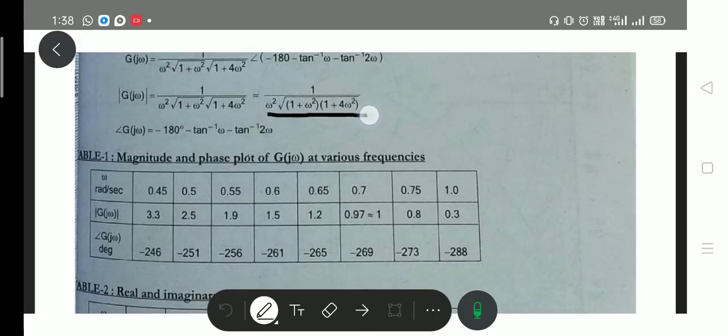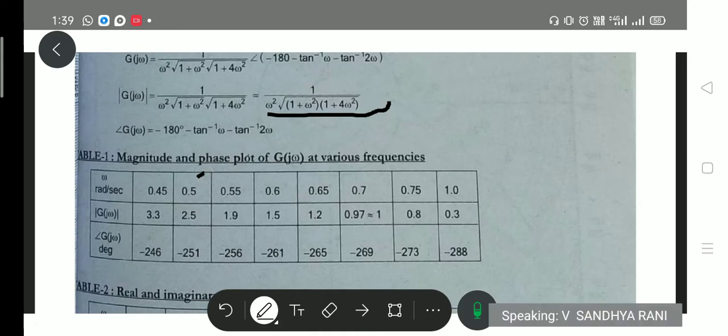In the magnitude, wherever the omega value is there, I am substituting first 0.5: 0.5 whole square, and in place of omega in 1 plus omega square I am substituting 0.5. In the same way we substitute all those values, then we get the magnitude of the system.